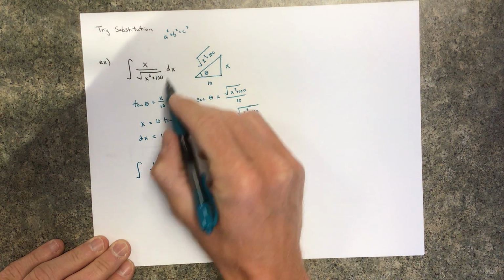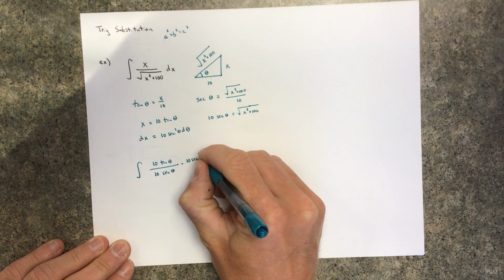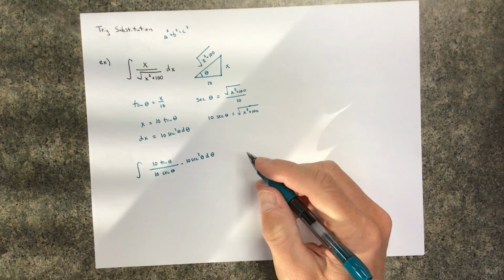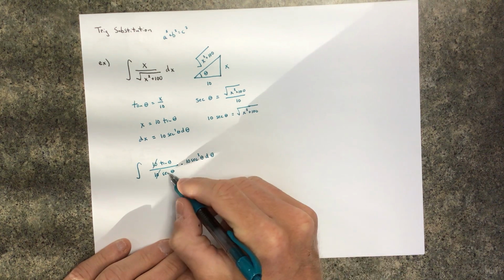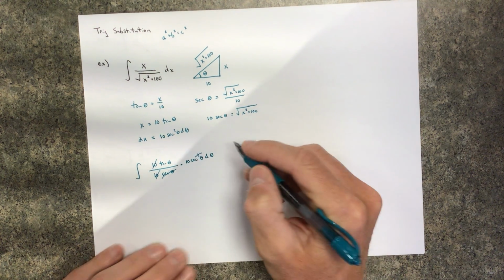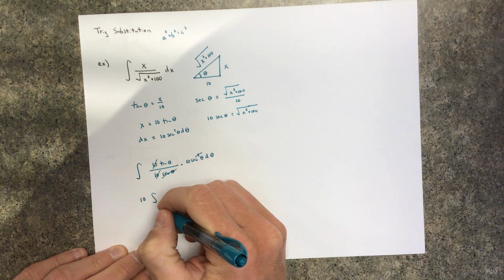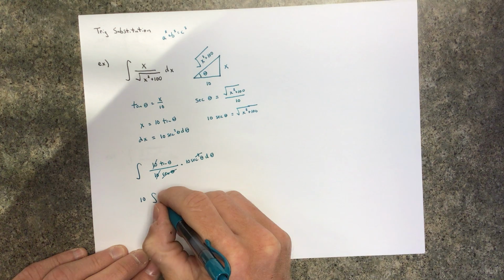And instead of dx, I know that dx is 10 secant squared theta d theta. Now I can cancel a whole bunch of stuff. These 10s can cancel, that secant can cancel with that squared, so I get 10 integral of secant tangent, right? So there's one secant and one tangent left.